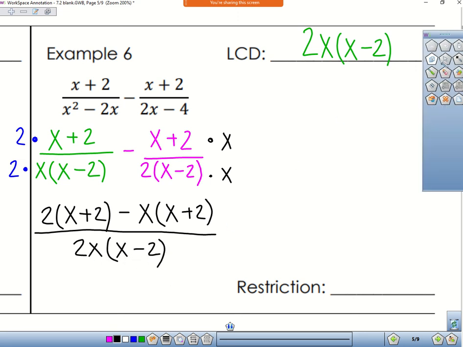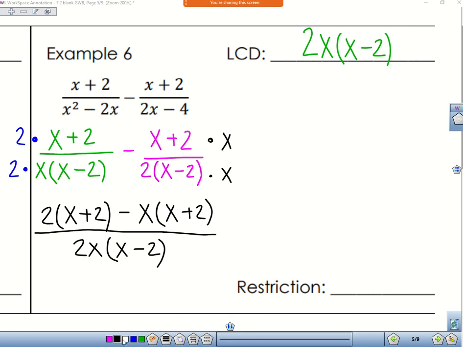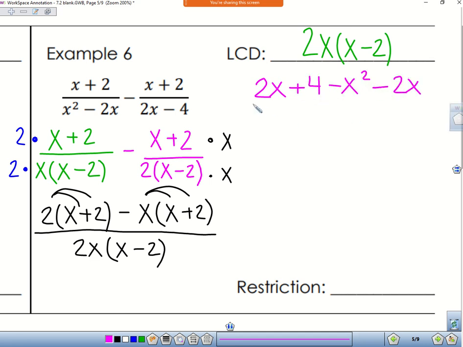Now we're going to have to distribute everything, okay? So we're going to distribute here, and then here and here as well. And that's going to come out to be 2x plus 4 minus x squared minus 2x, all over 2x times x minus 2.